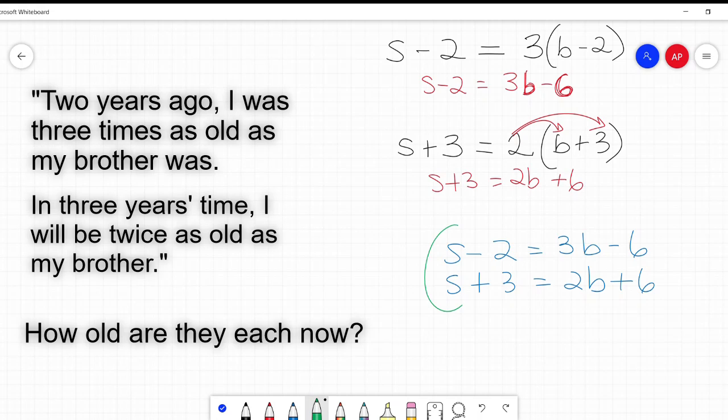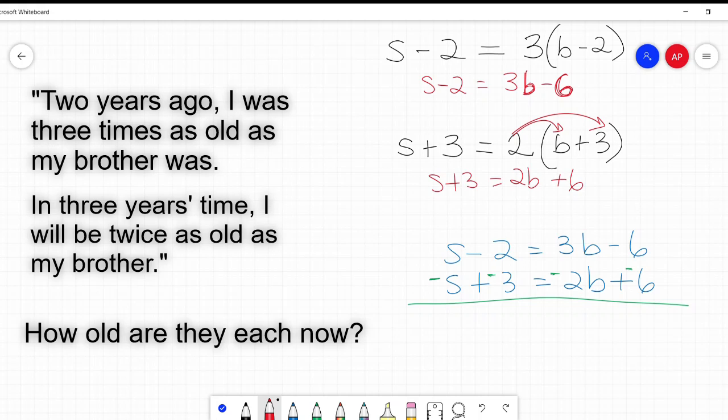But I like to do things quickly. I see I've already got these S's lined up. If I multiply everything down here by a -1, those S's are going to cancel right out. So that's what I'm going to do. It changes that to a -S, that to a -3, that to a -2B, that to a -6. And I can go ahead and add.